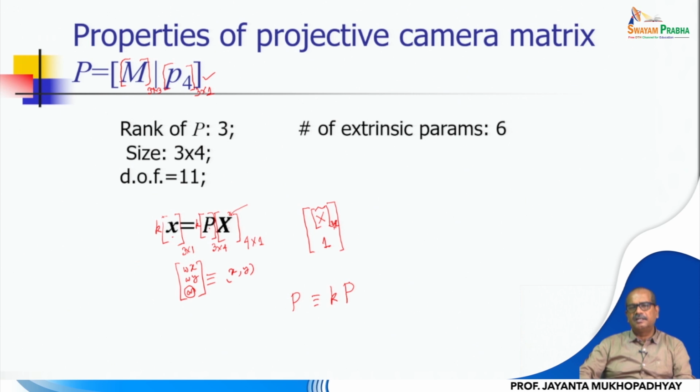And then the other parameters: focal length is a parameter, but we express it in terms of the horizontal resolution and the vertical resolution of the discretization of image points. That is, how many pixels per unit length in the horizontal direction, and how many pixels per unit length in the vertical direction. So these two, and then the offset, also two, make 4, and there is a skew.